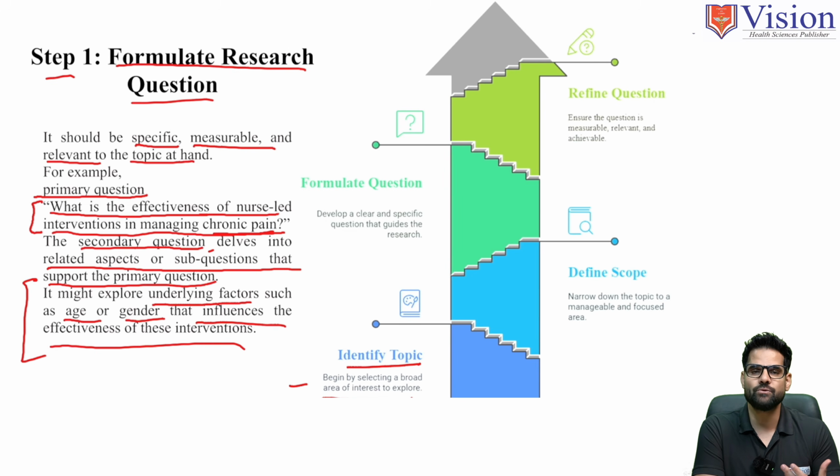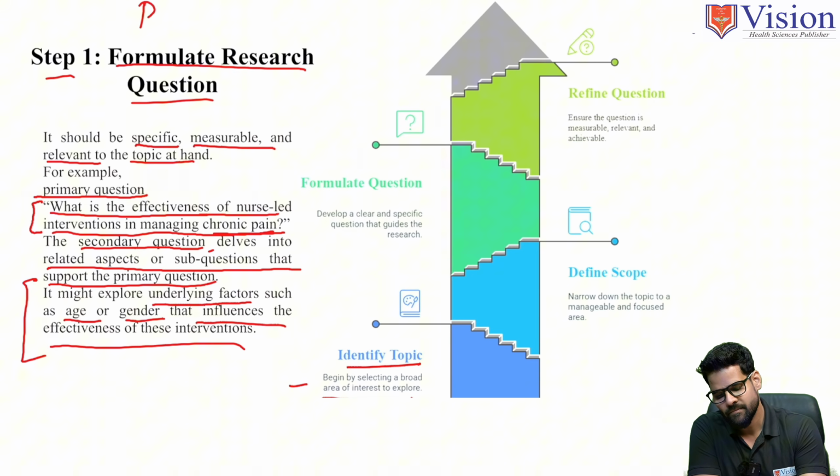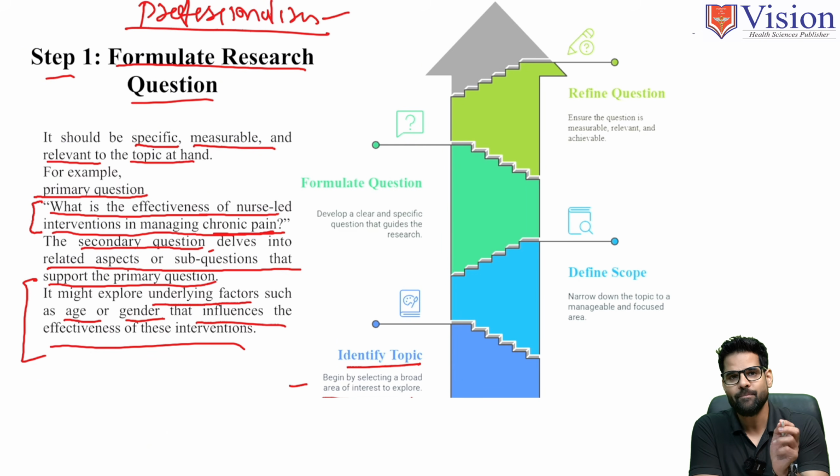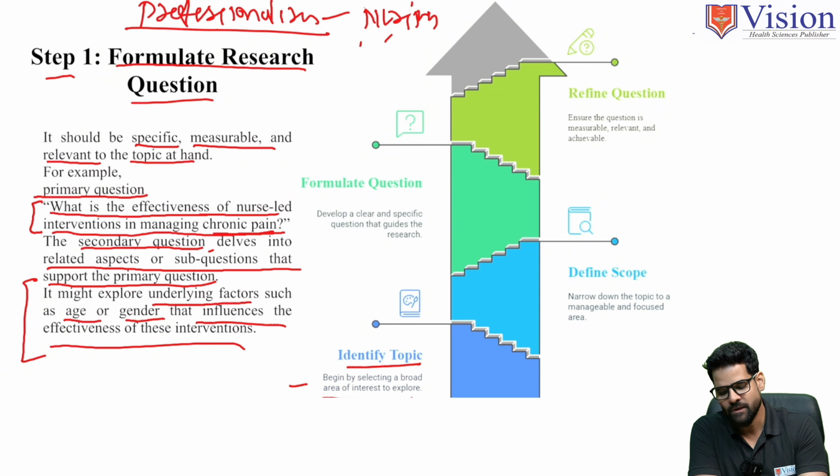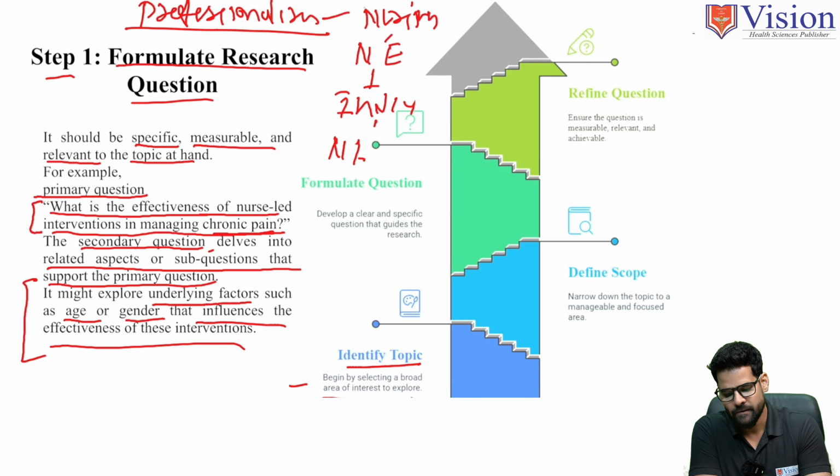Suppose I just wanted to study professionalism, I have to type professionalism in nursing. From nursing, then I'll write about nurse educators, then India, then North India. So like that I have to narrow down.